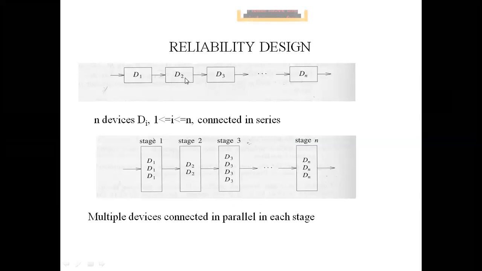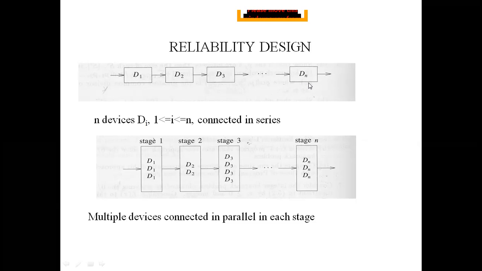See the figure, you can easily understand what our reliability design is. In the reliability design, initially we have taken the devices D1 to Dn. When you take only a single device each, D1 single, D2 single, D3 single, then the reliability is decreased when you consider all the devices together.